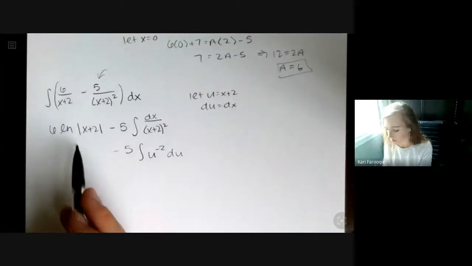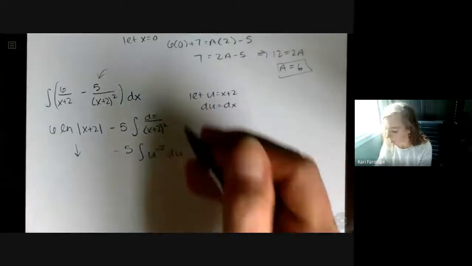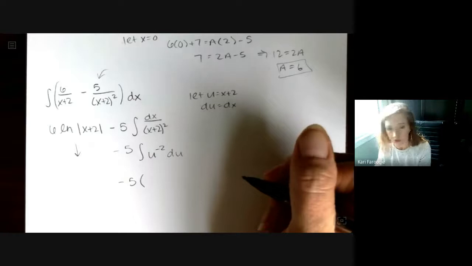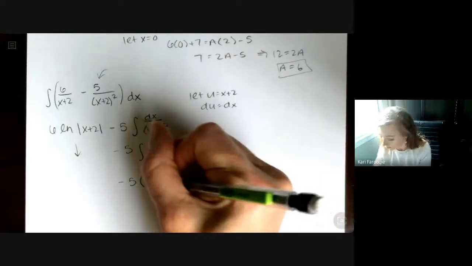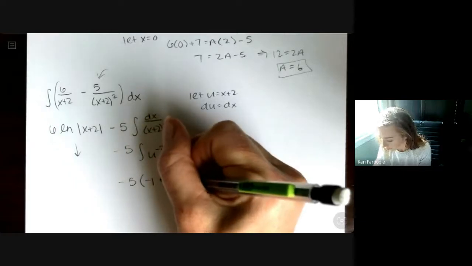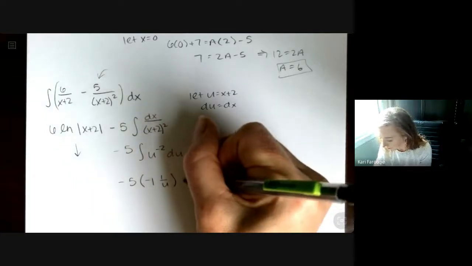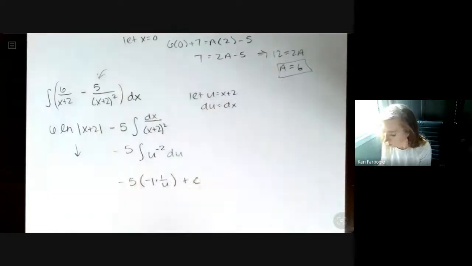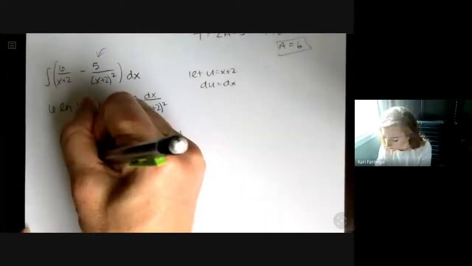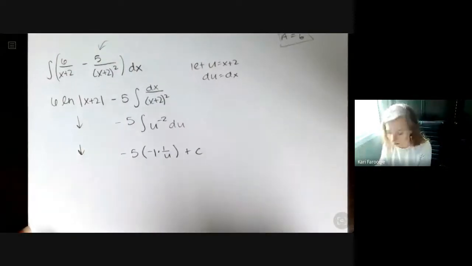So I try to note it by drawing the arrow down so I don't forget to write it at the end. Increase your exponent by 1. So -2 plus 1 is -1, and divide by the new exponent. So your new exponent's -1, so you can just pop that u into the denominator. And then you can simplify.